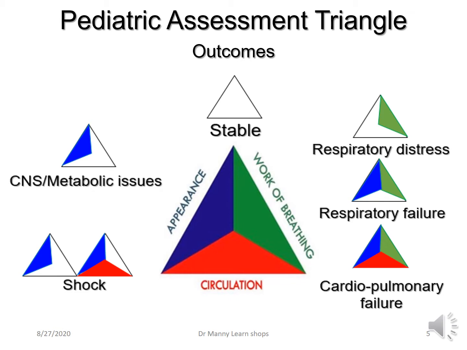As we said, pale, cold, clammy skin, they may be hypotensive, and as a consequence of that may have impaired mentation. So the Pediatric Assessment Triangle gives you an idea of what their situation is like very, very quickly, and determines very, very quickly whether they're stable or unstable. It's a very good, effective tool to use.